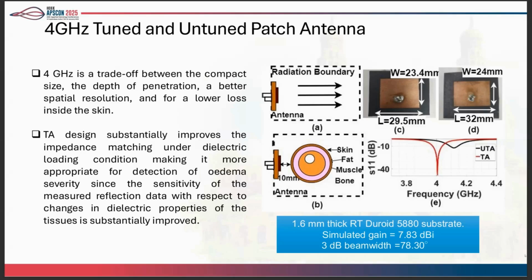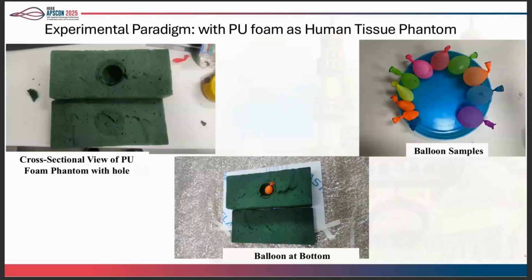The numerical human phantom is kept at a 10 millimeter distance, and we designed and fabricated the antenna so that whenever there is even a small change in the dielectric properties of the human tissue due to water accumulation, the loading of the antenna changes, and that can be seen in the reflection characteristics. For this, we have taken a very crude method.